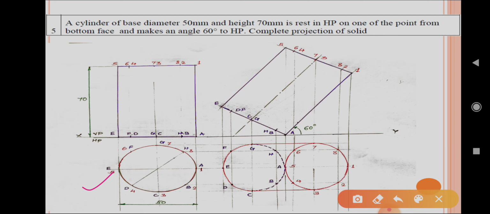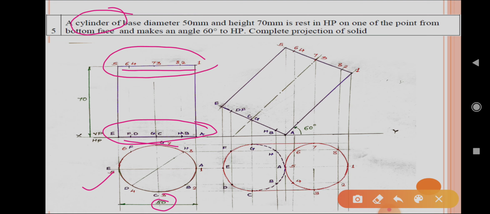so first draw the 50 diameter circle, divide it into 8 or 12 equal parts. The cylinder has two surfaces, bottom surface and top surface. The bottom surface we represent with letters, the top surface with numbers. The height of the cylinder is 70 mm.